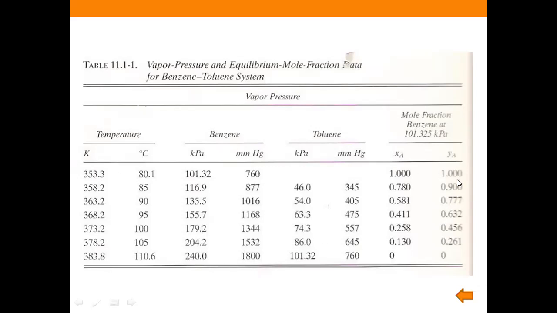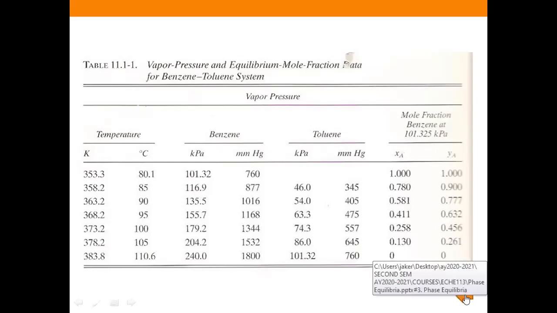As it is, the relationships here are not linear, but you can approximate by simply interpolating or extrapolating on the basis of the temperatures that you have in the first two columns, so that you won't have to graph the actual curve and then read from that same graph the value for vapor pressure or mole fraction in the liquid and the vapor phases.